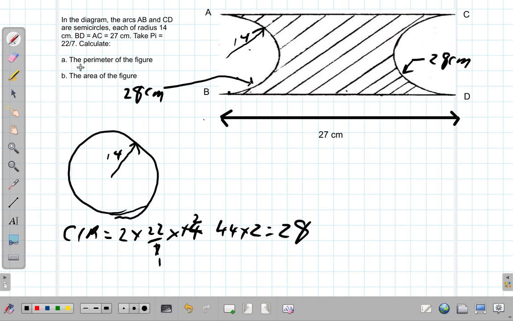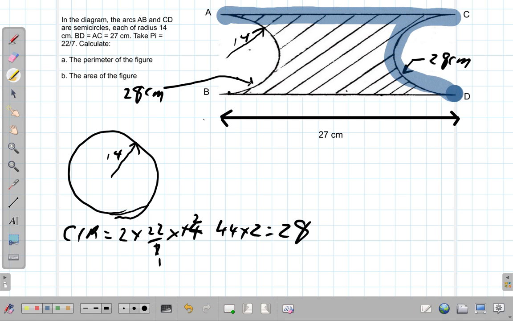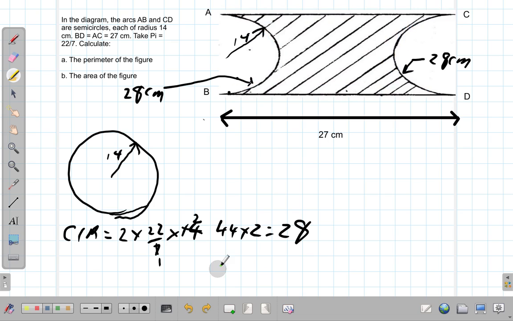So to find the perimeter, if we start from A, going this measurement, then this measurement, then this measurement, then this measurement for the whole perimeter.